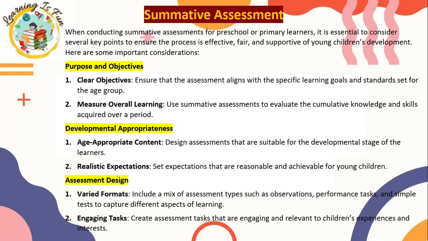So basically, summative assessment is purely paper and pen assessment. The objective and purpose is very clear, and you are clear how many topics you are going to involve in your summative assessment, and what the criteria is going to be. So the purpose and objectives are very clear in your summative assessment. Then developmental appropriateness.